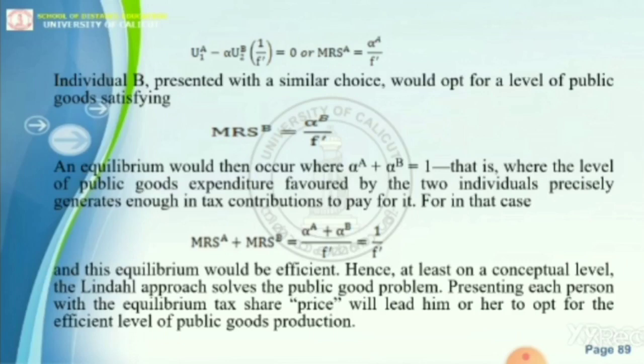For in that case, MRS of A plus MRS of B is equal to, what will be the sum? Alpha A plus alpha B divided by f' is equal to what? It will be equal to 1 by f'. Okay, and this equilibrium would be efficient. Hence, at least on a conceptual level, the Lindahl approach solves the public good problem. So, presenting each person with an equilibrium tax share, that is price, will lead him or her to opt for the efficient level of public good production.